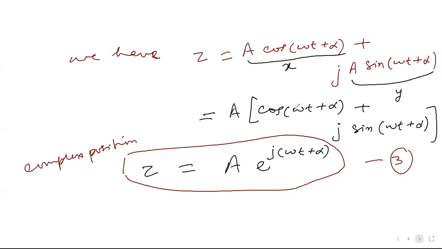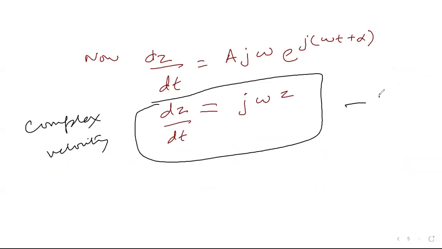This is my equation 4. This gives me the complex velocity.